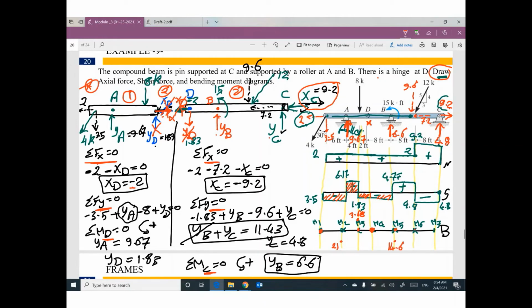Previous value plus area of shear in between, 4.77 times this distance 8, will be positive 23.5. The last one will be 0.